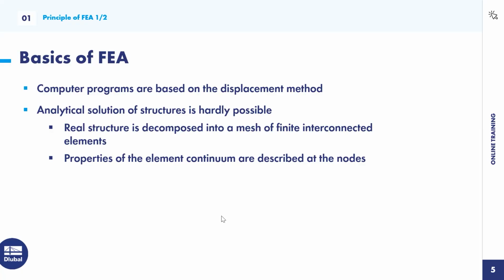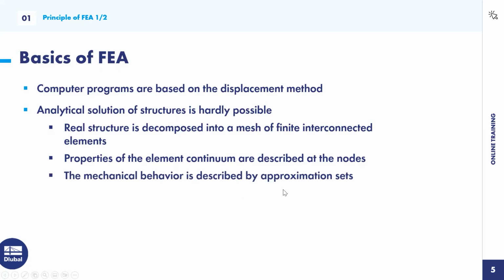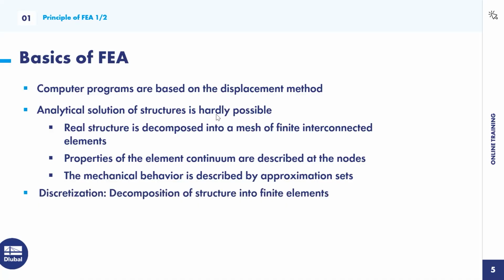Within these finite elements, we will use approximation sets to describe the internal forces, for example, inside one element itself. So one point, this decomposition of the real structure into a lot of finite elements, is also called the discretization.